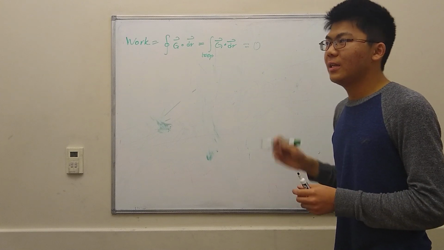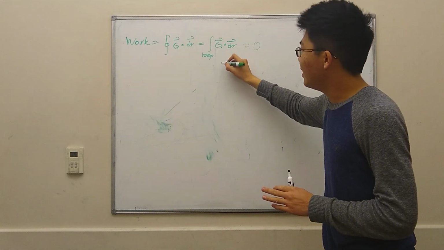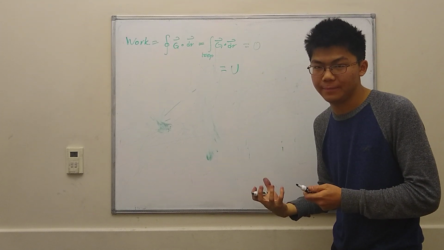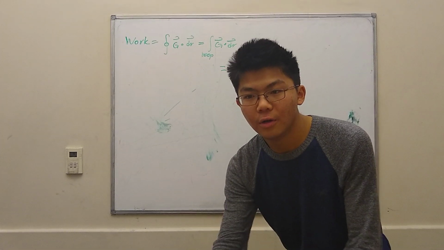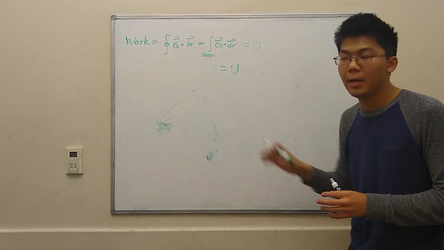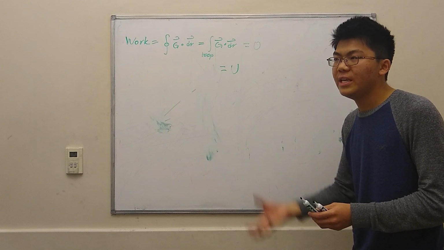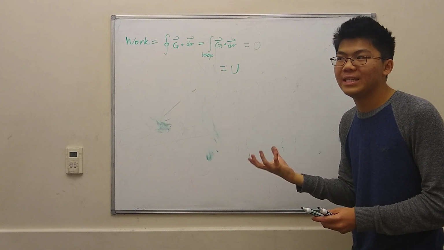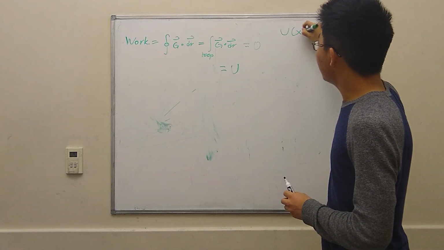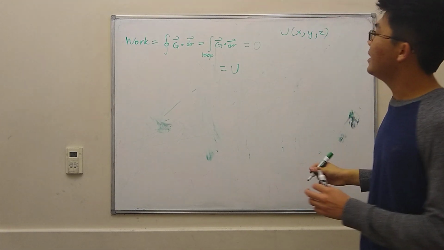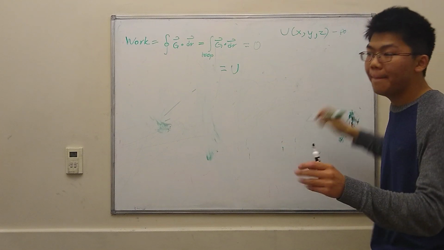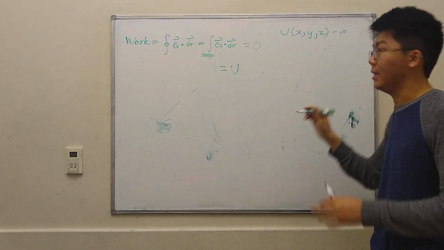But to actually evaluate the line integral, what's going to happen is you're going to find a potential function. Now, remember how we talked about the mass sliding down the ramp expression earlier? Anytime that you lift something up, it's going to gain potential energy. And so this function, U of x, y, and z, is going to tell you the potential energy based on where the object is located.